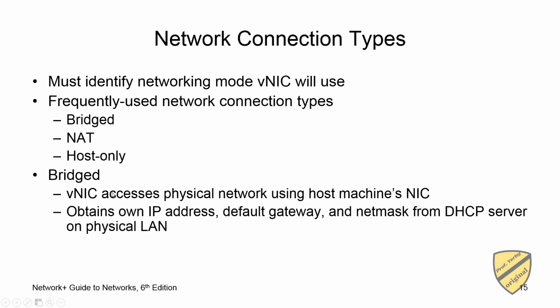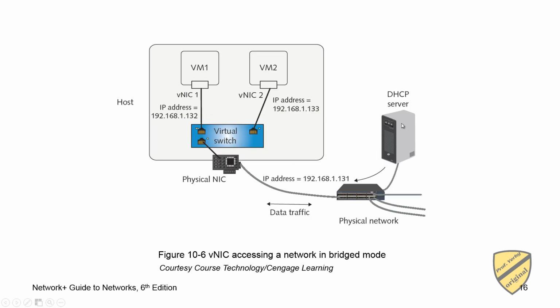Bridged: a NIC is allowed to access the physical network using the host machine's network card. It obtains its own IP address, default gateway, and netmask from the DHCP server on the physical LAN. So instead of getting the IP address from the host device, from my computer, don't think of this as the host.